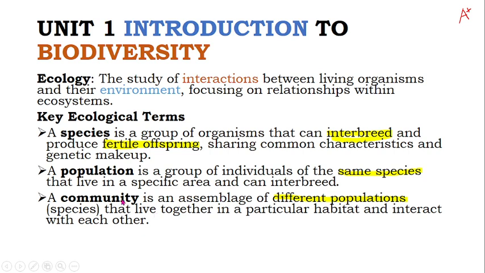Yes, that is the definition of the community. What to keep in the community is that they are groups of organisms from different species that live together in a particular place.